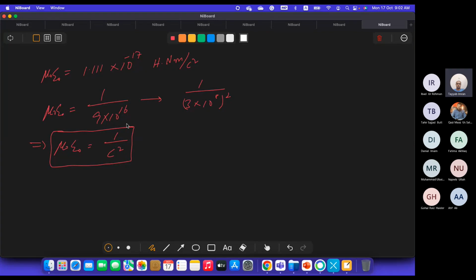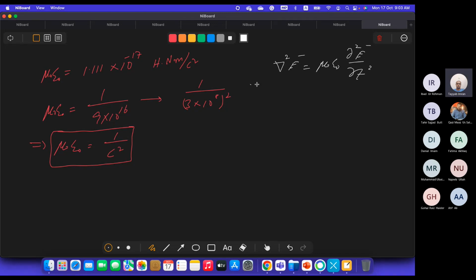So 1 over c square is a very important thing. C is the speed of light, you already know that. And this means we have two wave equations. And what is the wave equation you have? E equals this one, the second derivative of E over t square.